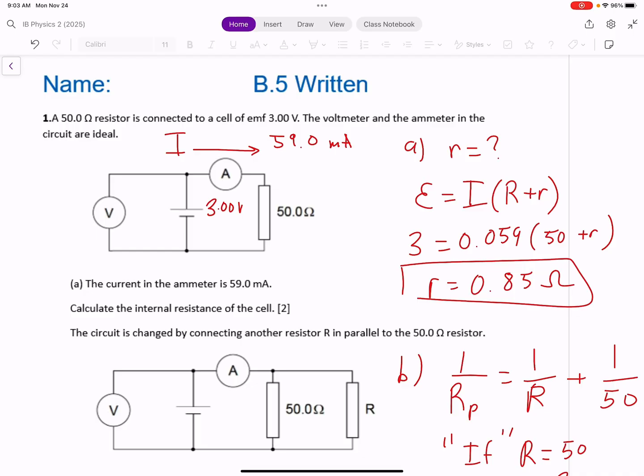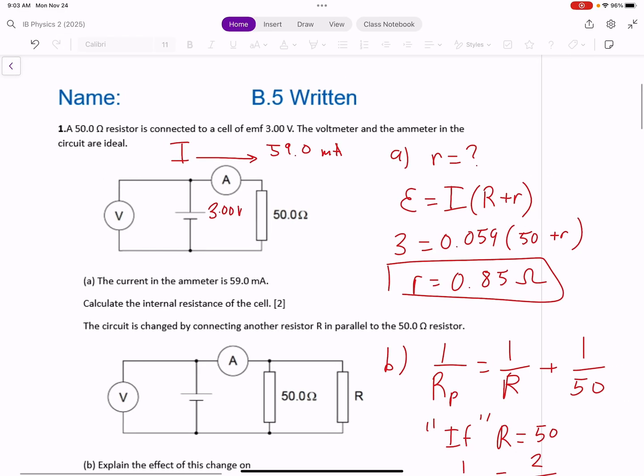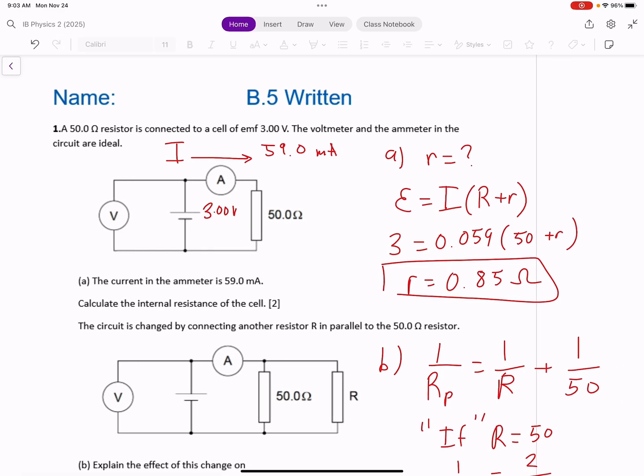Okay, so for part A, we have an equation. It's basically E equals I times the quantity capital R plus lowercase r. We're given all this information. We're given 3 as the battery EMF, which is supposed to be the voltage of the battery, or the ideal voltage.